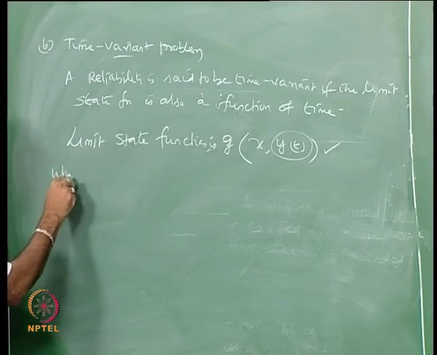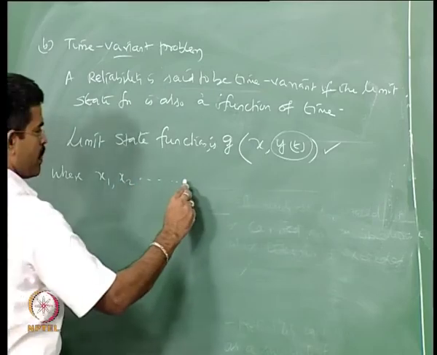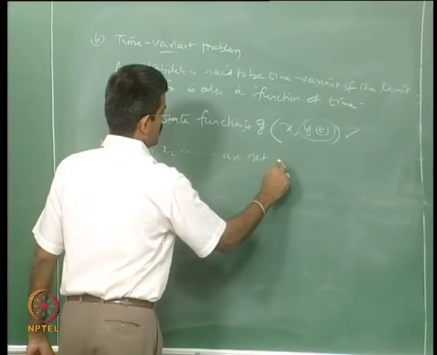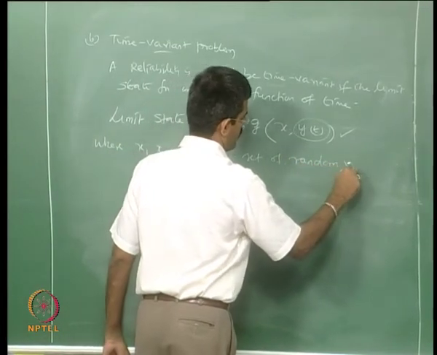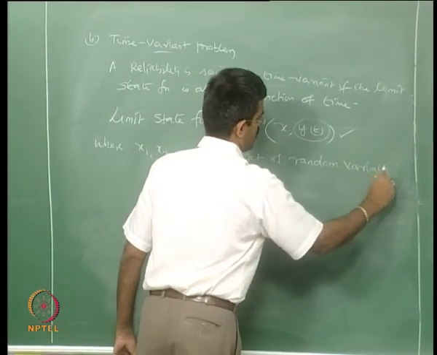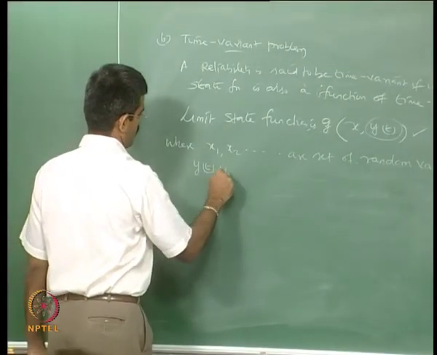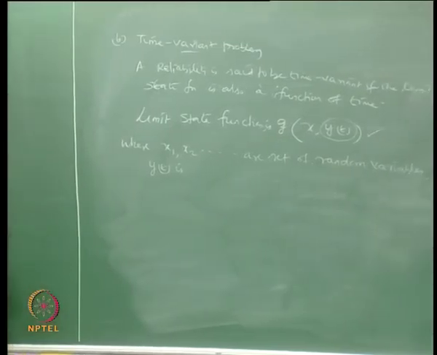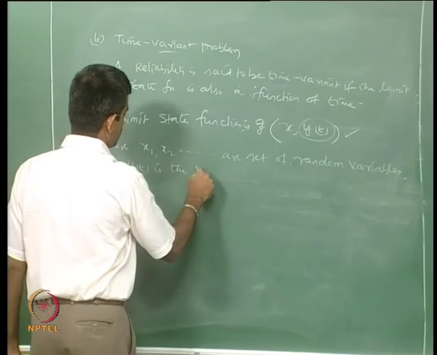Where x1, x2, x3 are a set of random variables and y of t is the vector of stochastic process.